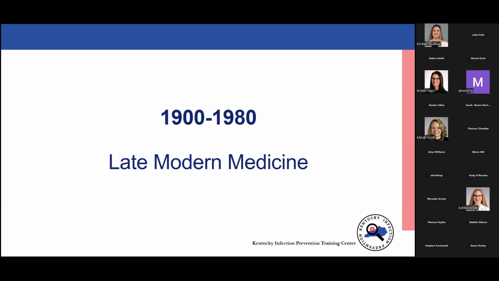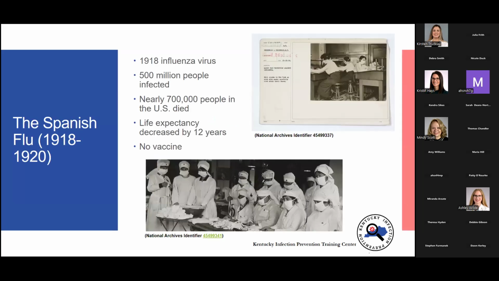And then between 1900 and 1980, we move into late modern medicine. So the Spanish flu, this occurred in 1918 to 1920. It was caused by the influenza virus. Nearly 500 million people were infected. About 700,000 people died in the US, and the life expectancy actually decreased by 12 years, and there was no vaccine.